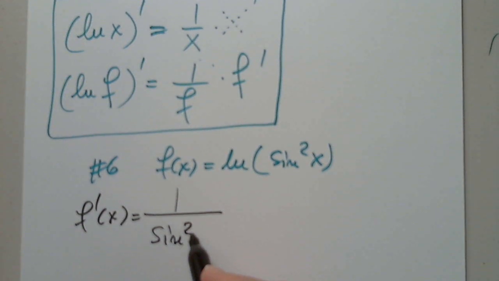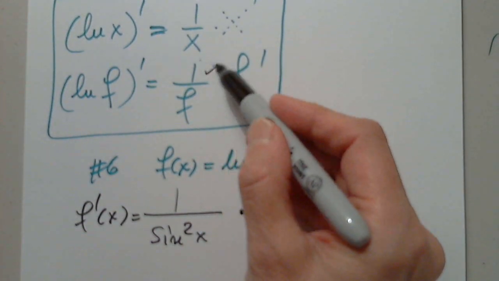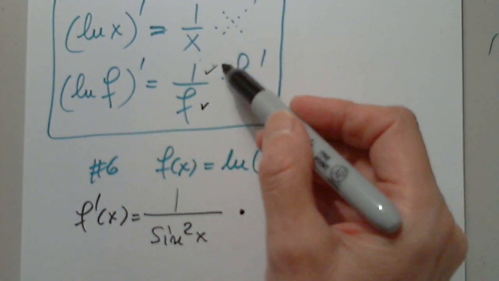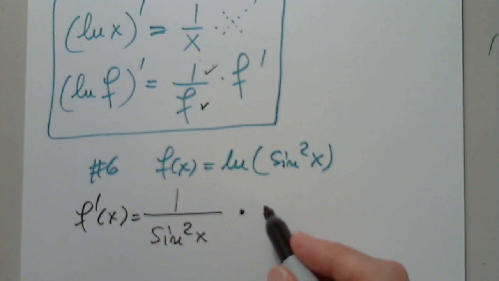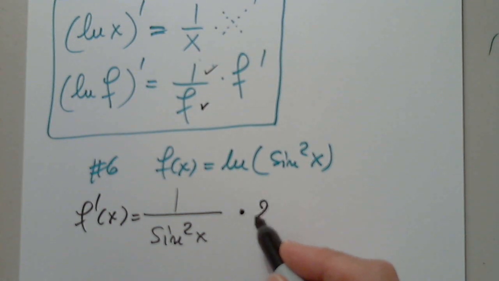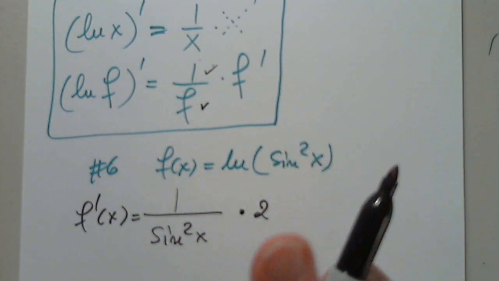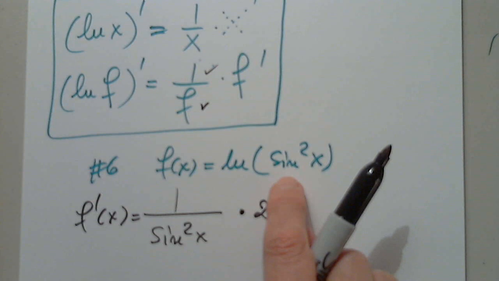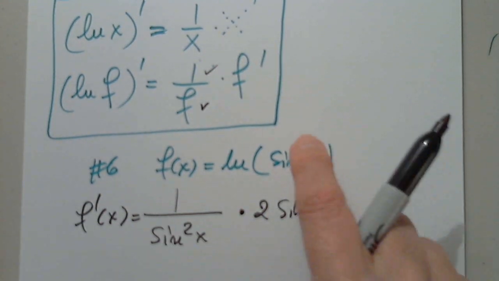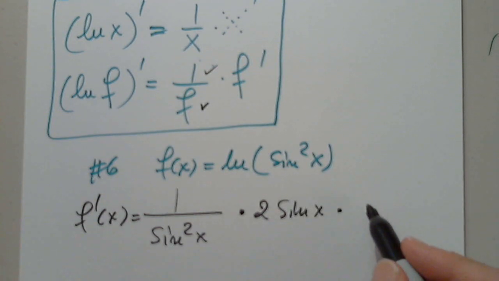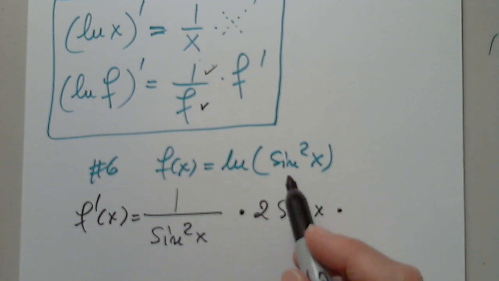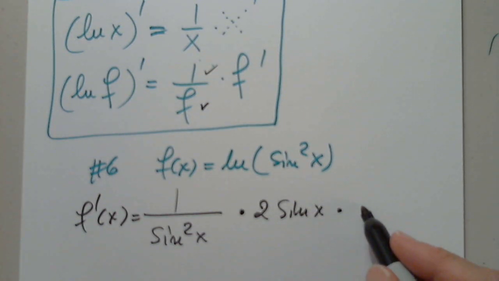Excellent. Times. So this is done, but now I'm here. Times 2 sine x. Careful. 2 sine x to 2 minus 1 times the inner function prime. Times the inner function prime.